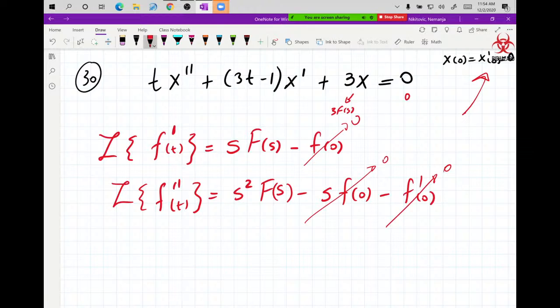So that's the easy part. Okay, so what are we going to have in this case? We have the multiply by t. So it's this term and this term.